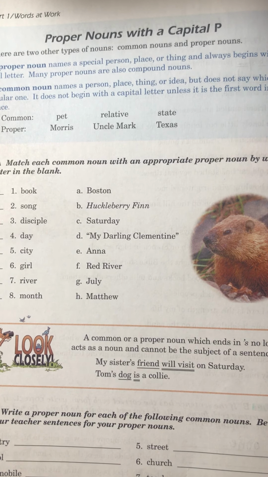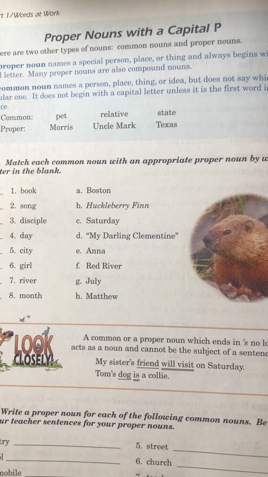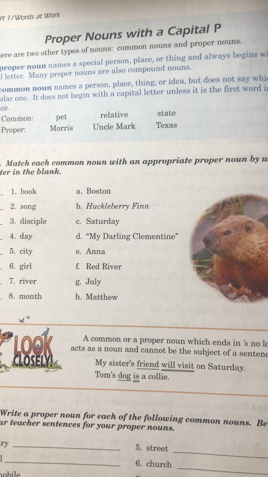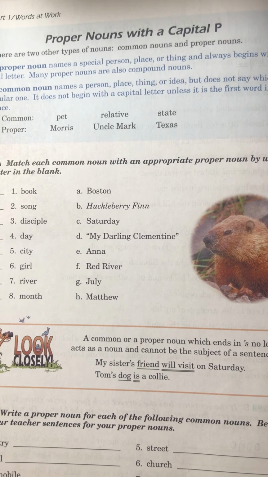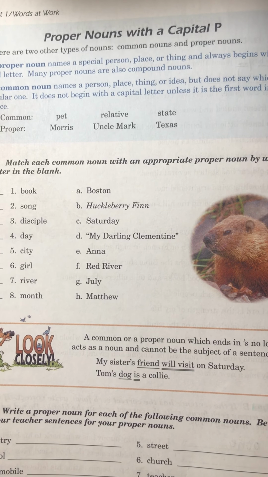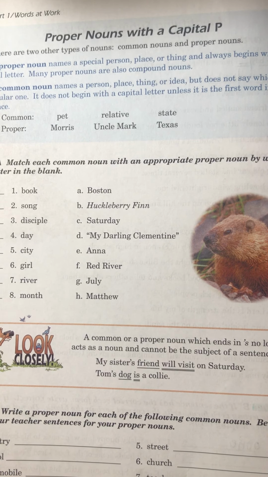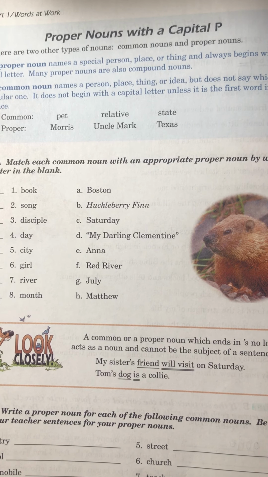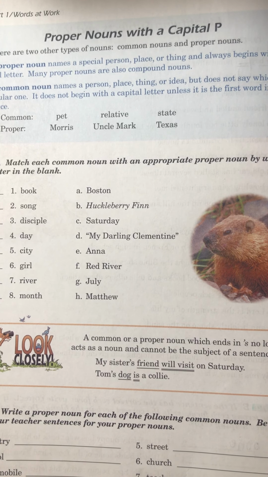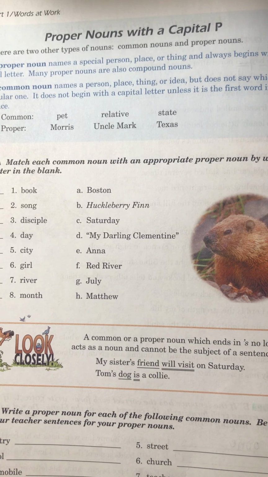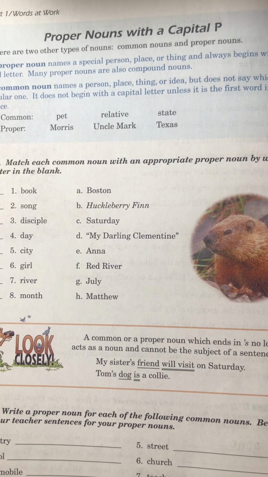Many proper nouns are also compound nouns. A common noun, these are the nouns we're much more used to seeing. They name a person, place, thing, or idea, but do not say which particular one. It does not begin with a capital letter unless it is the first word in the sentence.